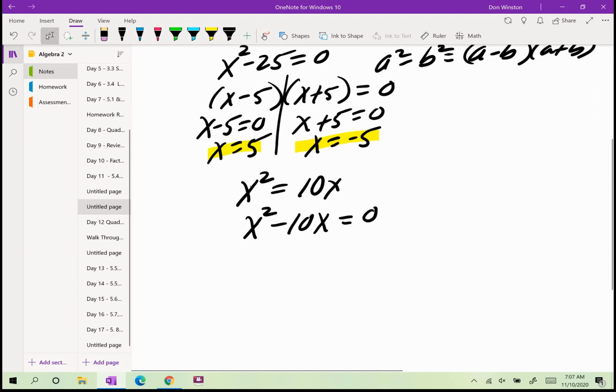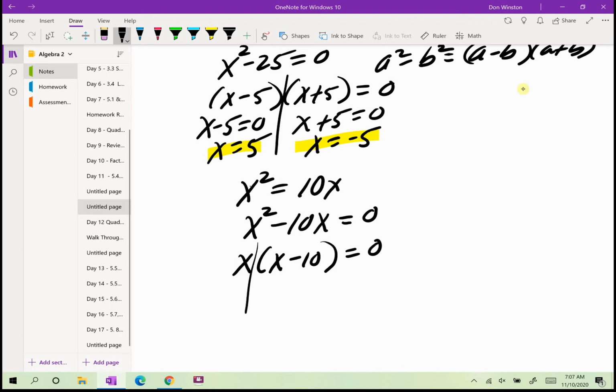Then I would factor out an x, which leaves x times x minus 10 equals 0. Then I set each factor equal to 0 and solve. So x is equal to 0, and x minus 10 equals 0, x equals 10. So the solutions would be either x is equal to 0 or x is equal to 10.